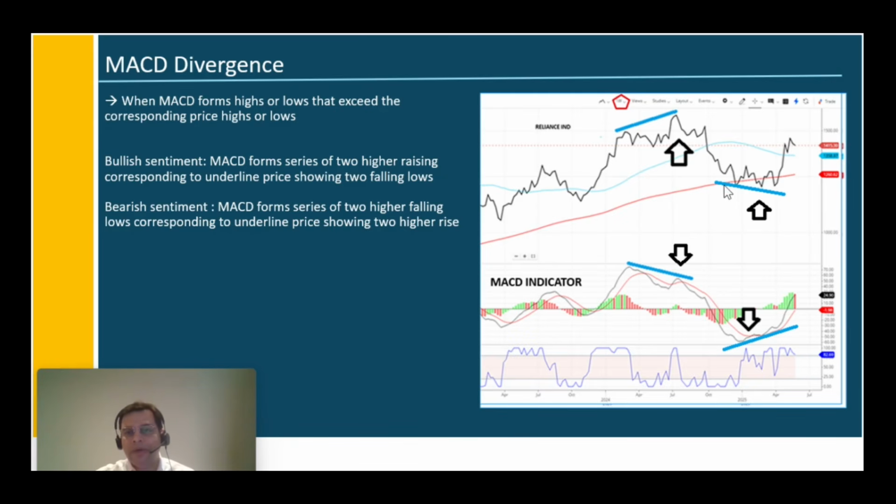Same during the month of March here. As you see, Reliance is making lower lows, whereas MACD is now showing bullish sentiment and is making highs.